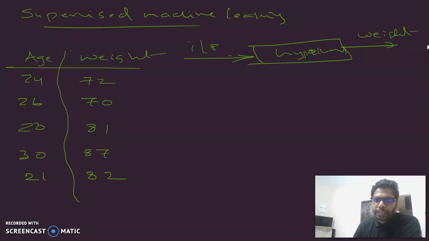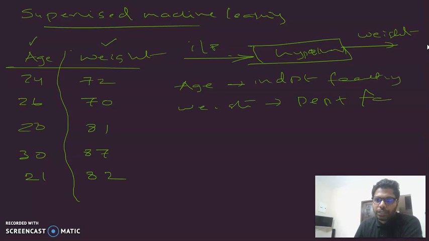Remember, guys, there are two important features here: age and weight. Age is an independent feature because it doesn't depend on anything, right? Weight is a dependent feature because it depends on age. So we can also call this the input, and this the output.